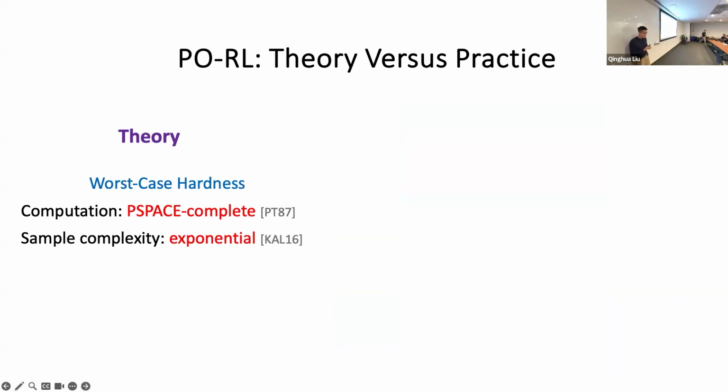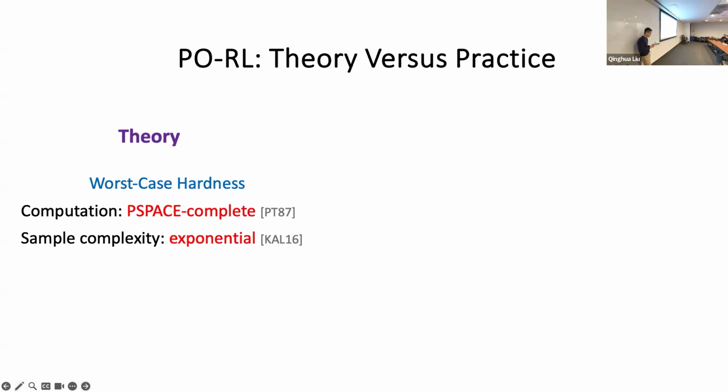So if you talk to a learning theorist, or a theoretical computer scientist, about partially observable reinforcement learning, I think maybe the first thing they will tell you is that partially observable reinforcement learning is intractable in the worst case. On the computational side, even if I give you the model, a toy model, and ask you to do the planning to compute a good policy for this given model, it's PSPACE-complete.